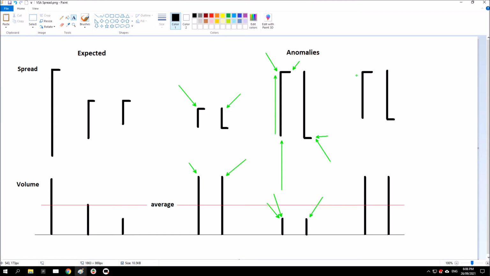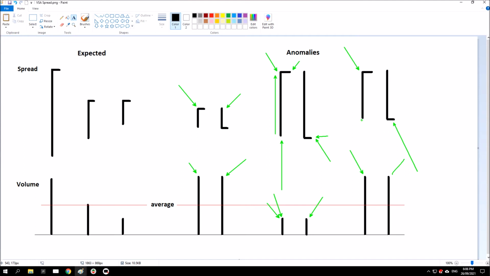And the third example over here is average spreads, very high volumes. Now, this one would be best termed as excessive. You never really want to see excessive volume, or if you do, you should be really suspicious of it until you see what the response is.